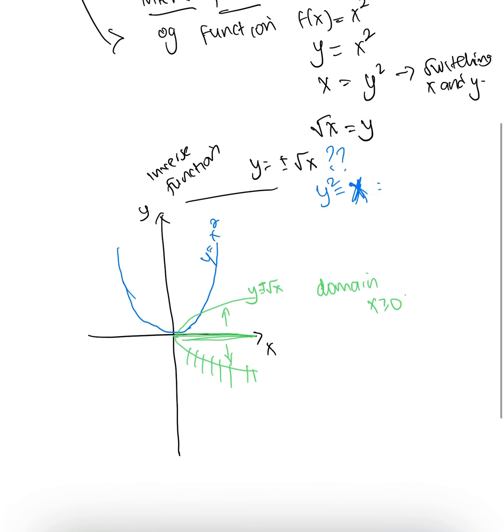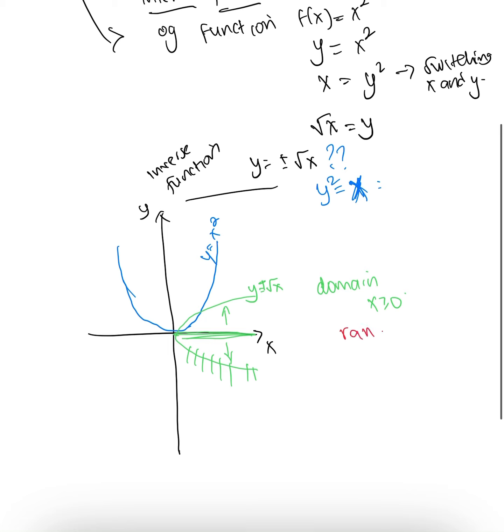But what happens now? Well, the range now, y cannot be negative, because that doesn't make it a function. So the range is y also greater than or equal to 0.